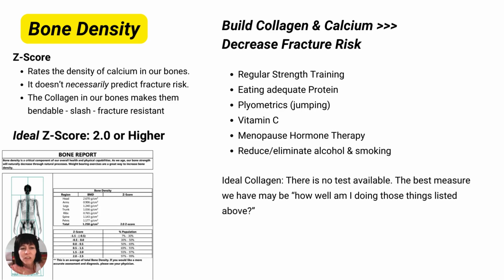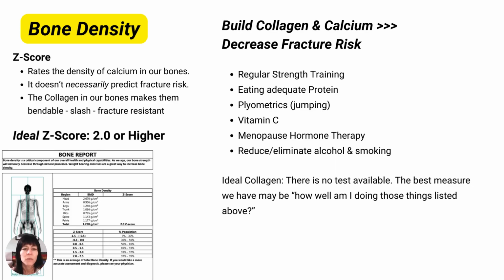So they kind of go together. You can manipulate your calcium by taking calcium supplements or pharmaceuticals meant to build bone density. There might be other ways that are not testable but checklistable, and I've made a list of them here under build collagen and calcium, decrease fracture risk.